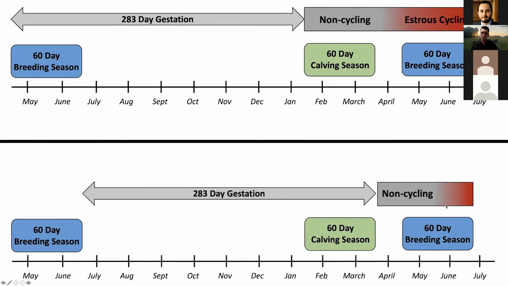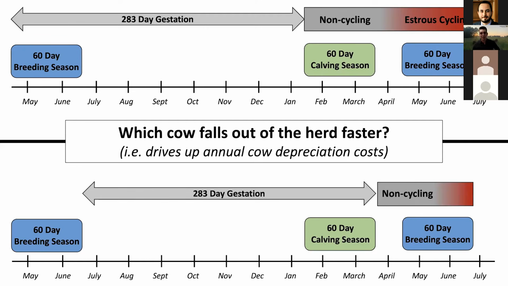Now, I believe later speakers in this series will talk a little bit about pregnancy loss, or at least touch on that. We know we have some pregnancy loss occurring in cattle to a single insemination. One opportunity to become pregnant during a breeding season is not enough. Now, we have traditionally thought 60-day breeding seasons are pretty good because they result in relatively short calving seasons. But which of these two cows, if we conceptualize these as two cows, which of these two cows falls out of the herd faster?